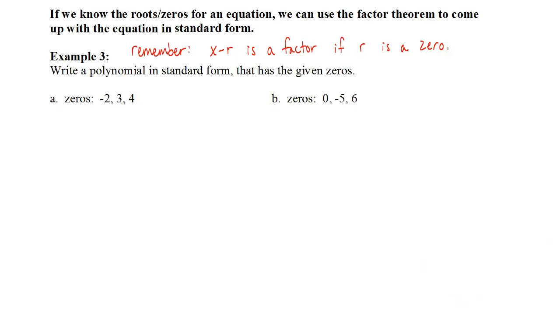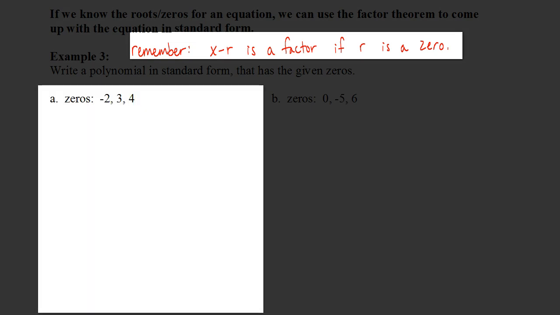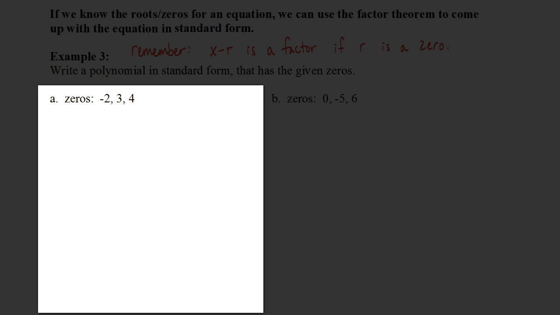Before we look at this example, though, it's really important that we remember from the factor theorem that x minus r is a factor of the polynomial as long as r is a zero. So when they give us these zeros, negative 2, 3, and 4, we can write the factors as x minus each of those zeros.